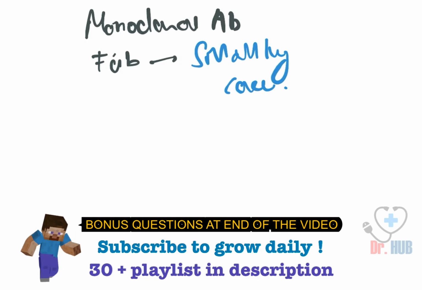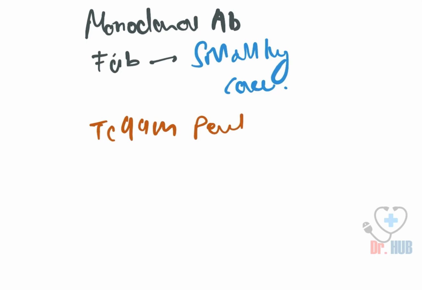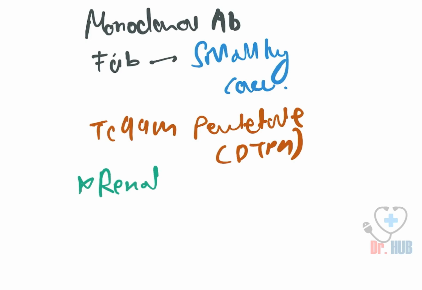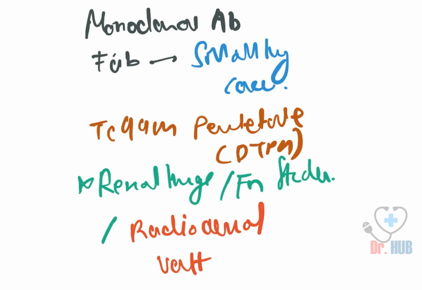Next, we see the TC99M pentetate, that is DTPA. This pentetate is used in renal imaging, as well as in functional studies. It is also used in radioaerosol ventilation imaging.